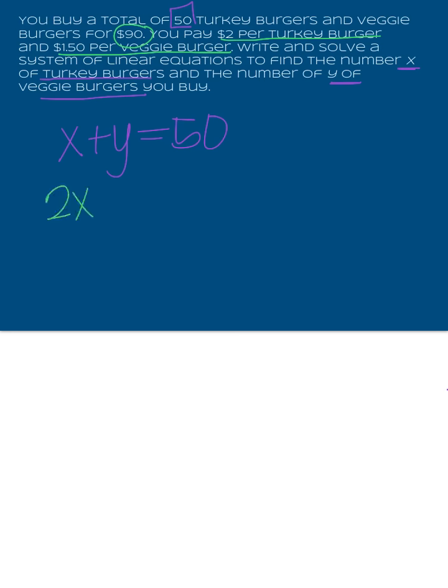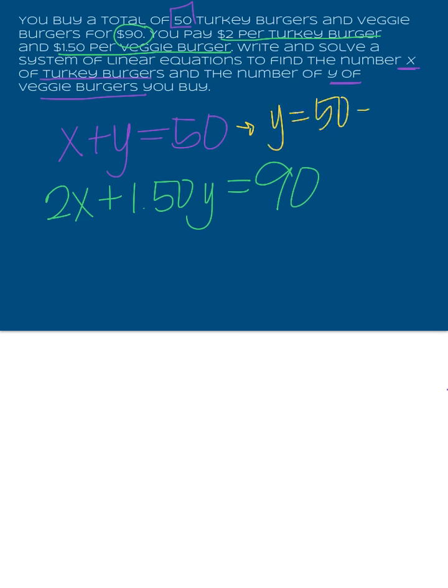So 2x plus 1.50y equals 90. And now I need to solve. So remember, first I need to have x equals or y equals. So I am going to rewrite this top one as y equals 50 minus x.